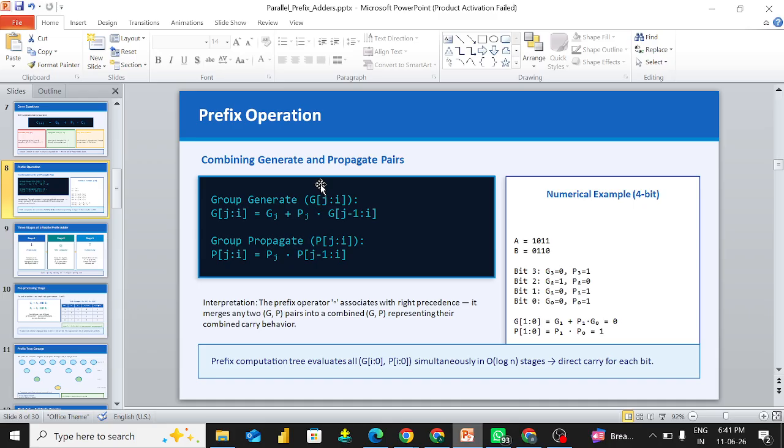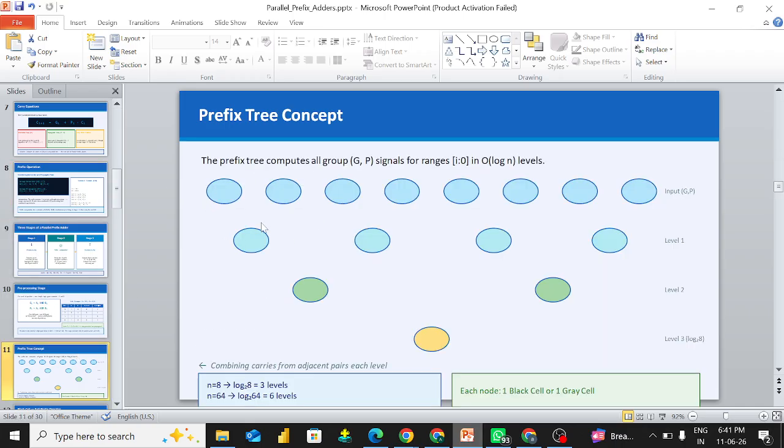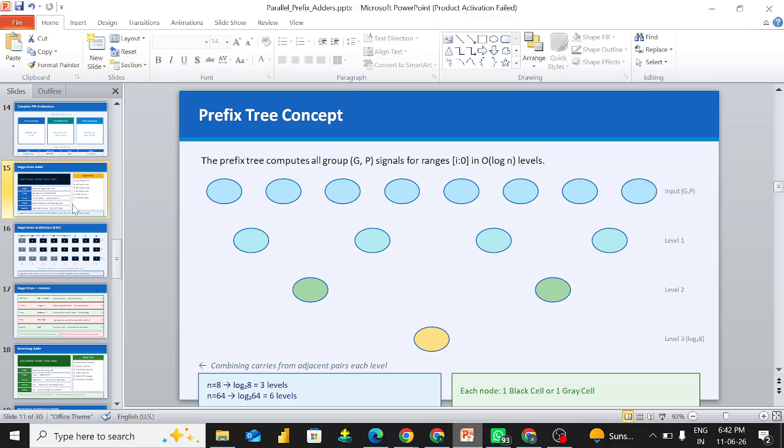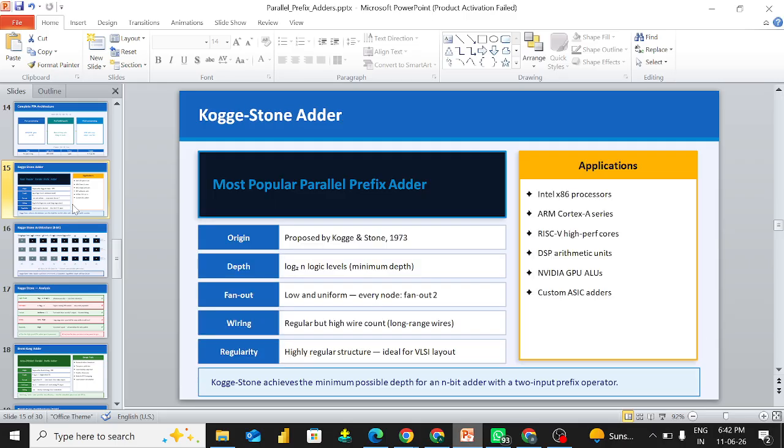It's nothing but combining generate and propagate pairs. By combining, you are going to form something called a tree structure. As I said, it will look like this. You need to combine, and it will form a group. Using this operation we have built a parallel prefix adder.